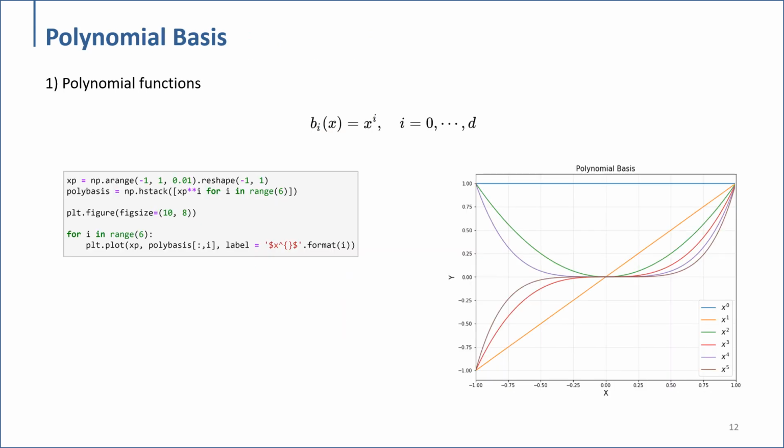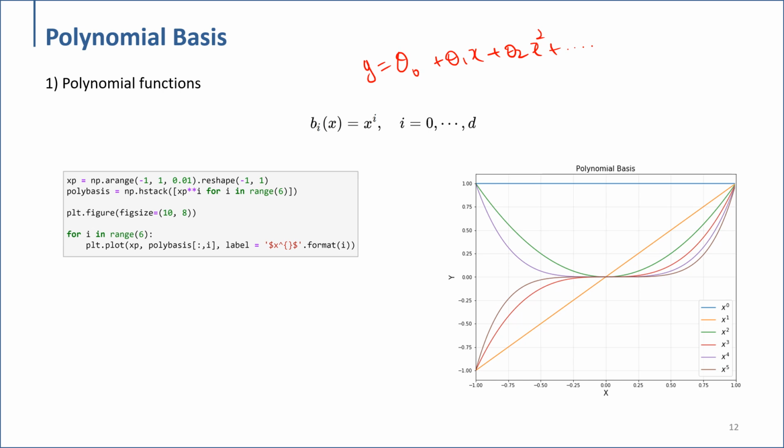Let's first think about the polynomial basis. As we learned last time, the polynomial basis is about finding the proper coefficients for y equals theta 0 plus theta 1 x plus theta 2 x squared, something like this.